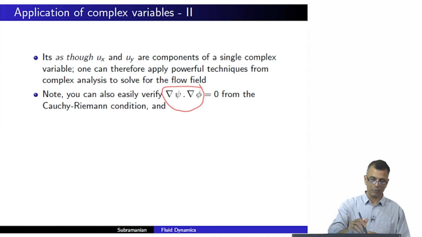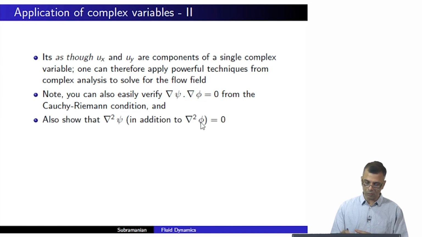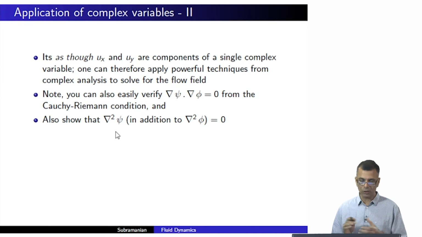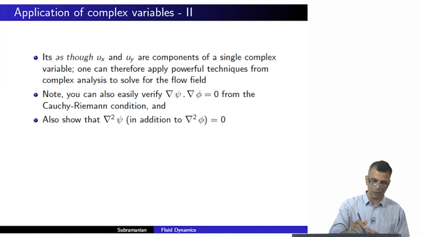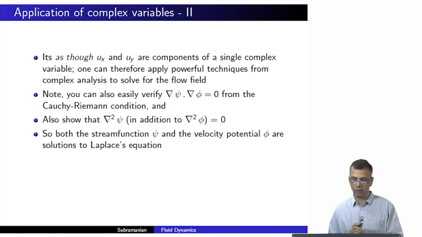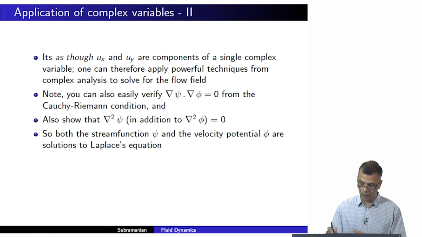In addition to the fact that del squared phi equals 0, which follows from incompressibility and irrotationality both, you can also show that del squared psi is equal to 0. So both are solutions to the Laplace equation with different boundary conditions, of course. Both the stream function psi and the velocity potential phi are solutions to the Laplace equation.